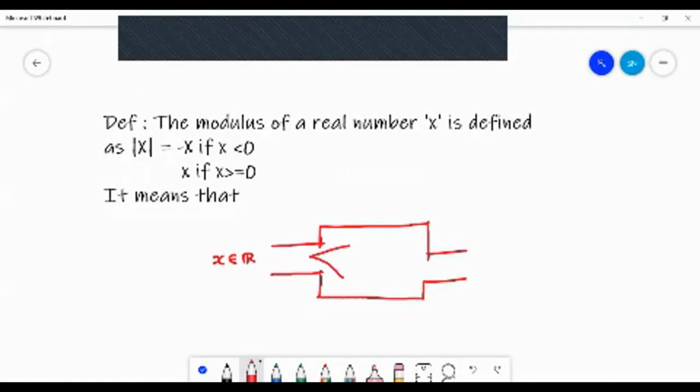Then there is a process in which the machine separates positive and negative real values: x belongs to R minus, and x is equal to 0.